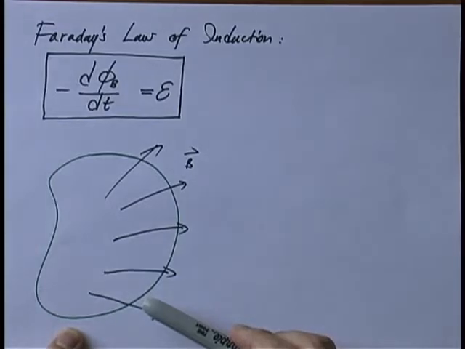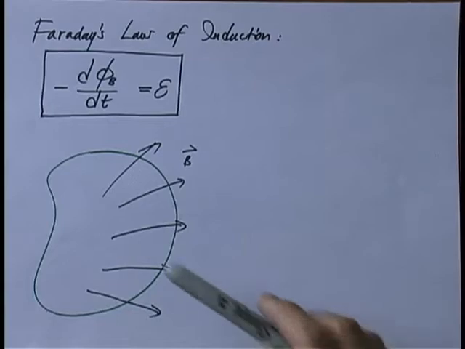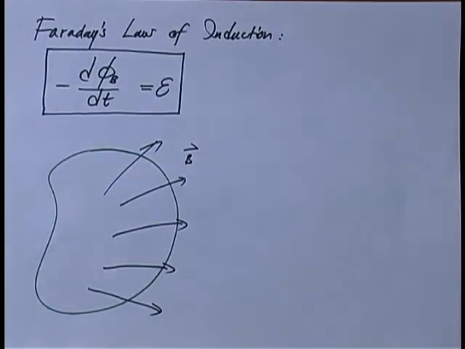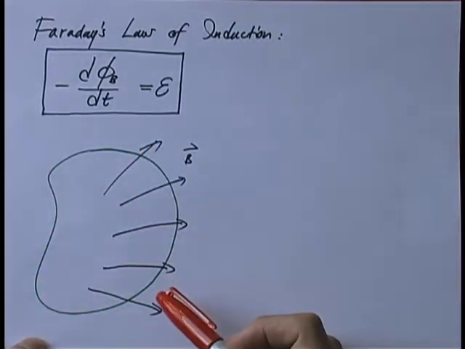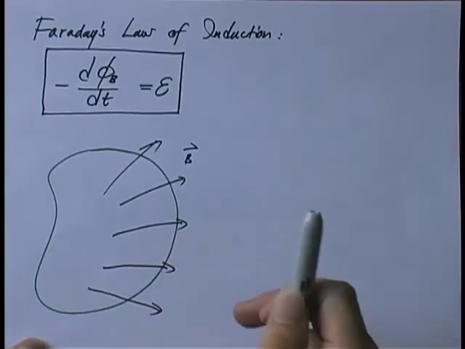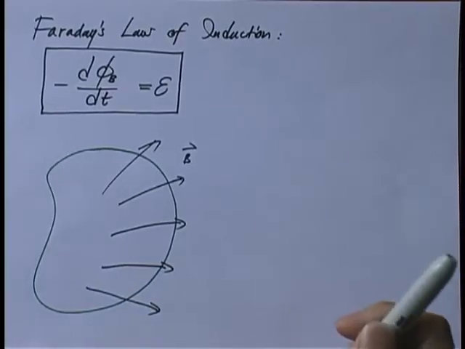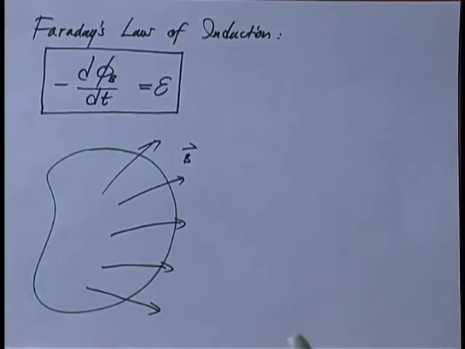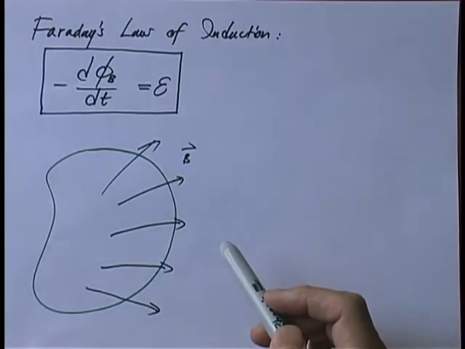And what is the direction of that EMF? What kind of current would it power? Well, here's what this negative sign means. This EMF, if there were a real metal wire around it, would have driven a current which flows in such a direction that that current itself would generate its own magnetic flux, which tends to cancel the change in the original flux.